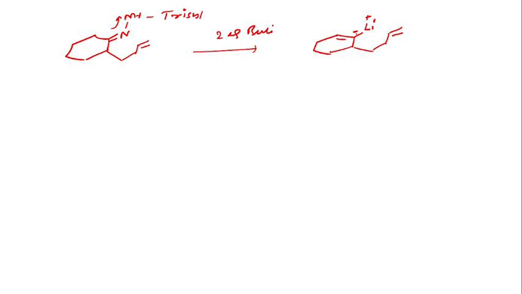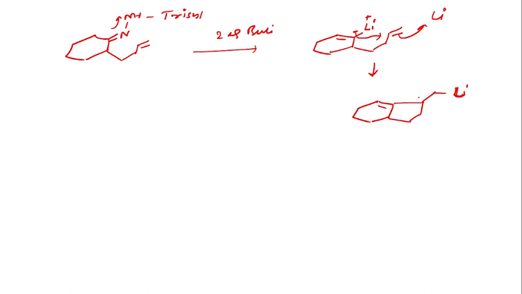And I have these things. Then what will happen? This negative charge will attack here and it will expose and catch the lithium. So we now have CH2 and this is the lithium here.